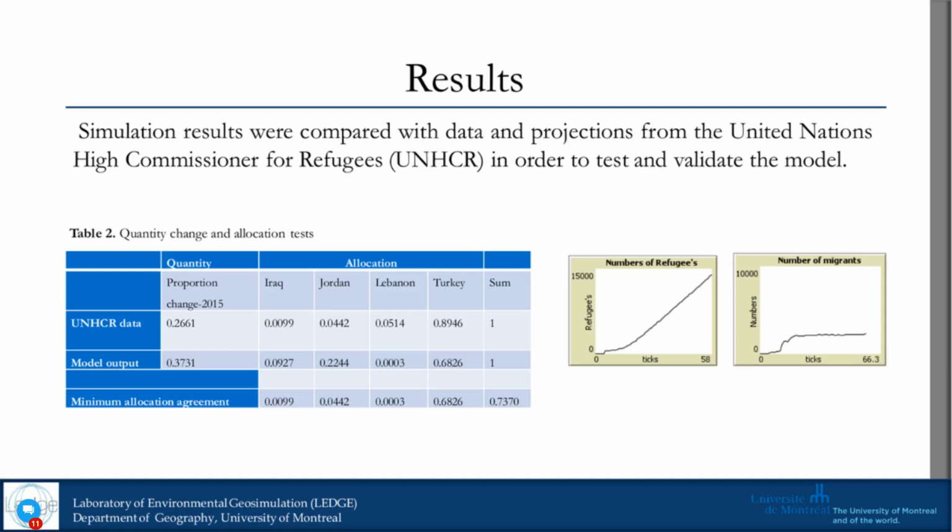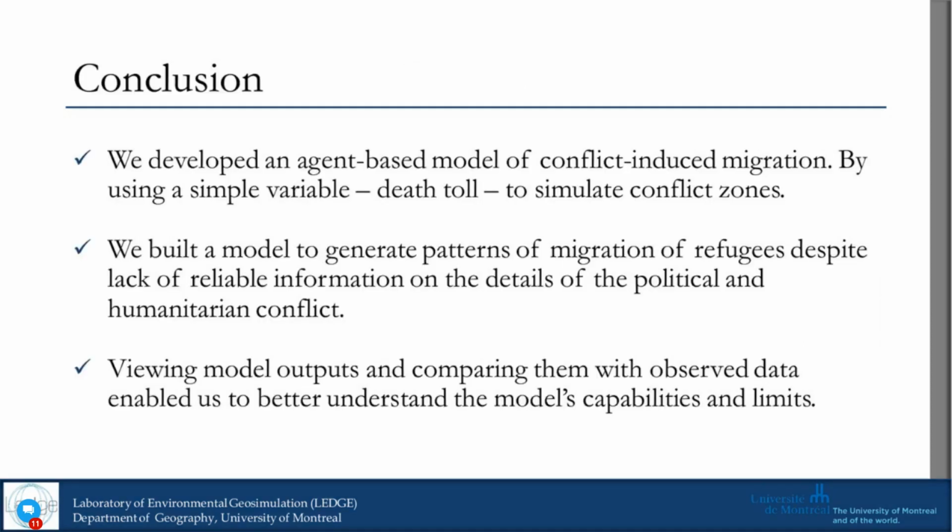We took Iraq, Jordan, Lebanon, Turkey, and we tried to identify the proportion of change, so how many people it has increased or decreased. Then we compared the outputs of our simulation model with the real data set. You can pass it to the next slide, but that's the end of my presentation.